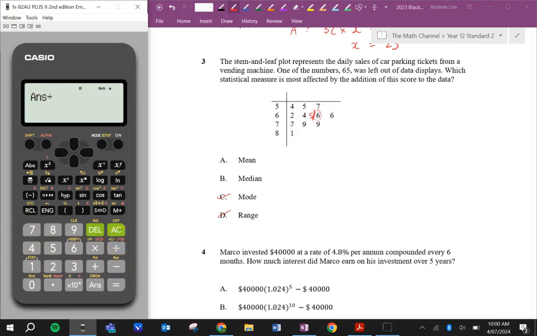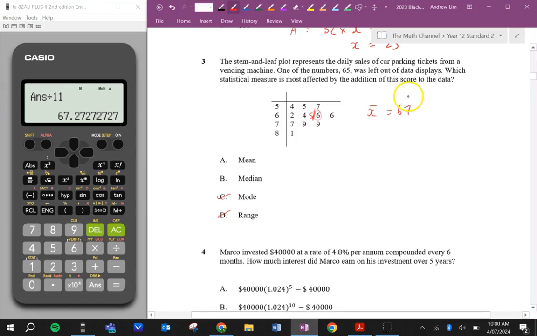And that was 1, 2, 3, 4, 5, 6, 7, 8, 9, 10, 11. 67. So if the mean before the 65 was added is 67, if we add 65 and then divide it by 12, then the mean would now be 67.08. So it's not much of a change. So I reckon the answer is median.